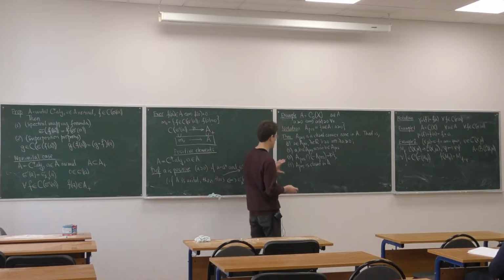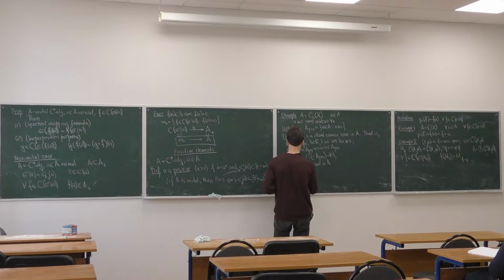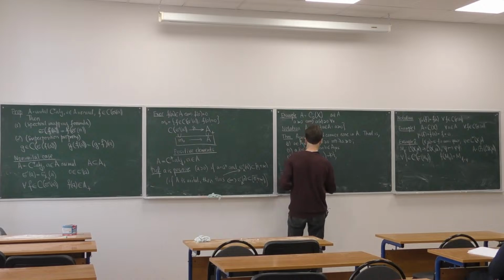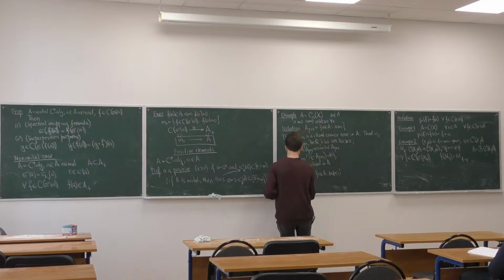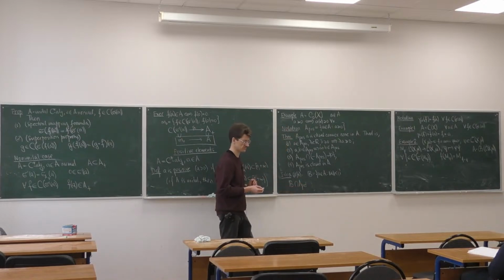2 and 4 are a little bit more involved. The idea of proving 2 and 4 is the following. We take the closed unit ball in A and intersect it with the set of positive elements. To prove properties 2 and 4, it's enough to prove that this intersection is closed and convex.